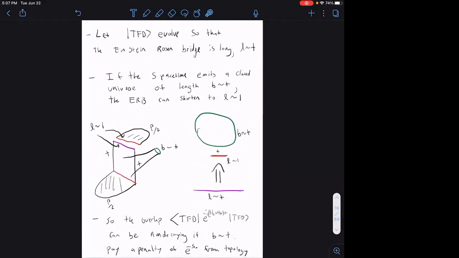Basically, we're looking at this time-evolved thermal field double state. We've evolved for a long time so that its length on the purple slice likes to be very large. But what if we allow it to emit a baby universe of size B? Well, it turns out if B is of order T, so if the baby universe is very large, the purple slice has an amplitude to be small.